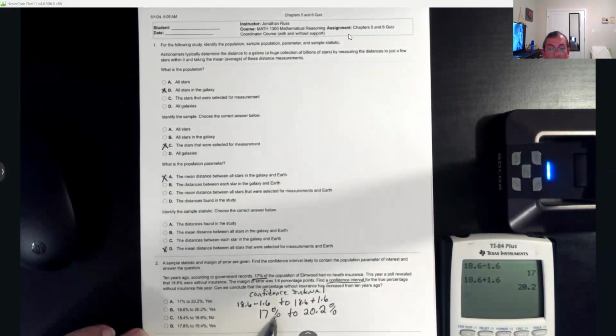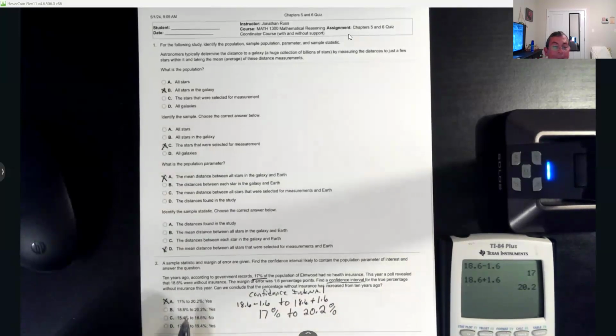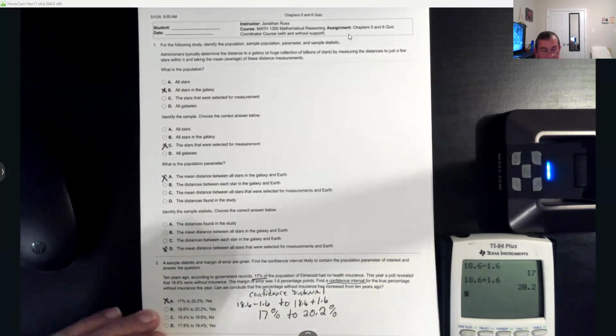So we're saying anywhere from 17% up to 20.2% now do not have insurance. So yes, we can say it's definitely gone up, and that agrees with our confidence interval. So you take the statistic and you subtract and add the margin of error to get your confidence interval, okay?